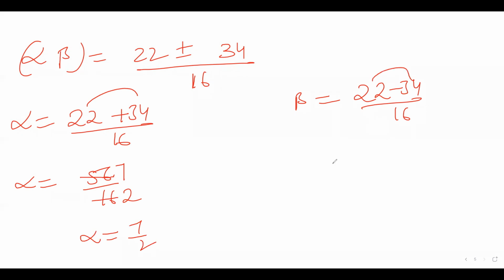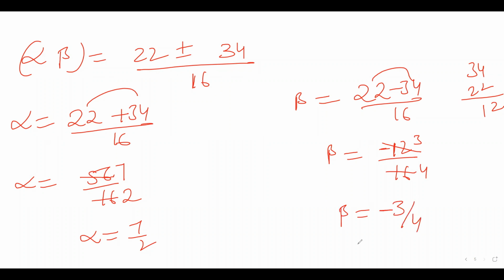Here on subtracting, I am getting 34 minus 22. Is it 12? Yes, bigger number sign is minus. 4 3s are 12, 4 4s are 16. Beta is minus 3 by 4.